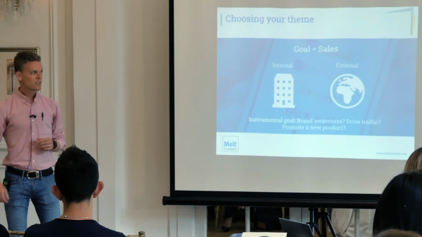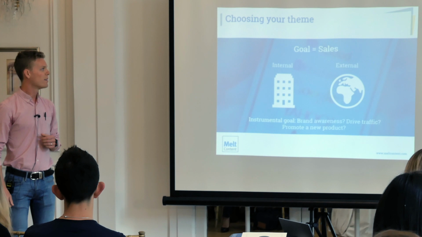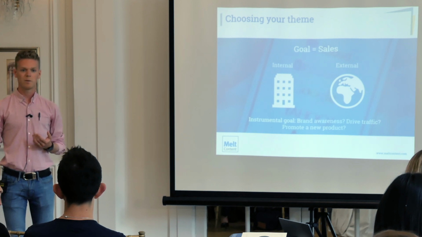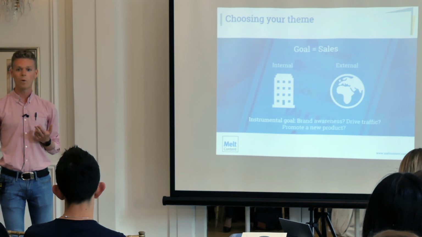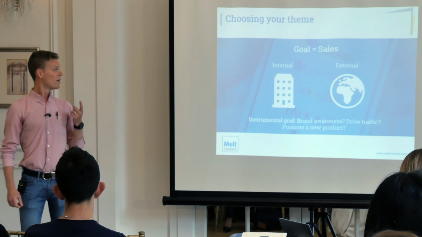So first thing, when you're executing an email campaign, it's starting with your theme. Now, there are two ways of determining your theme. First of all, you have internal triggers. Those are things that are defined by your business. So that might be if you're a hotel, a refurb, or a new restaurant opening.